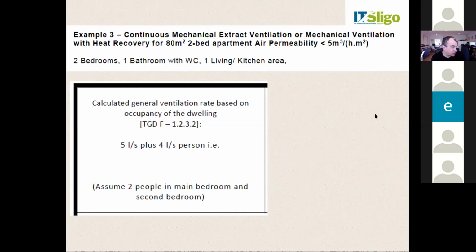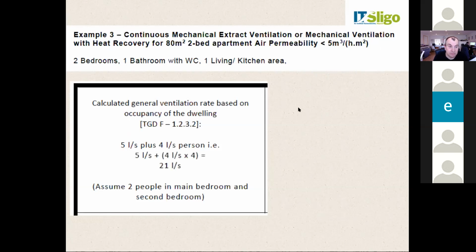The first part of the calculation is working out the general ventilation rate. So we need to have 5 liters per second plus 4 liters per second per person. We're assuming 2 people in the main bedroom and 2 people in the second bedroom.